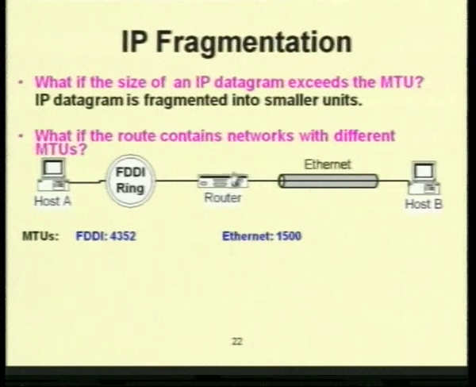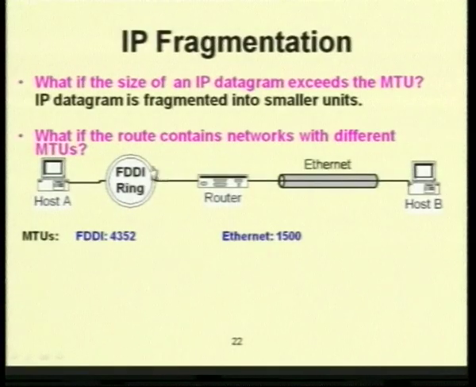Then through a router it goes to another Ethernet network which has an MTU of 1500 bytes before it reaches host B. If you had just a single network between two hosts, then your IP layer, since it knows which data link layer it is running on top of, can always just look at the MTU of that and make sure that it only sends packets of that particular size. That is easy to do. But when you have two or more networks, each with different MTUs, what is to be done? That is the question.